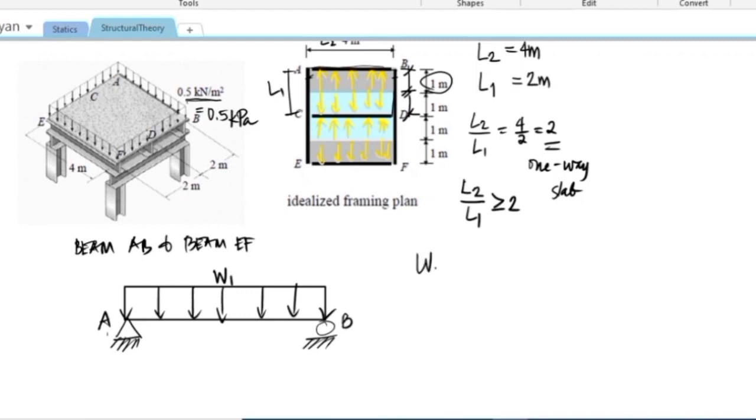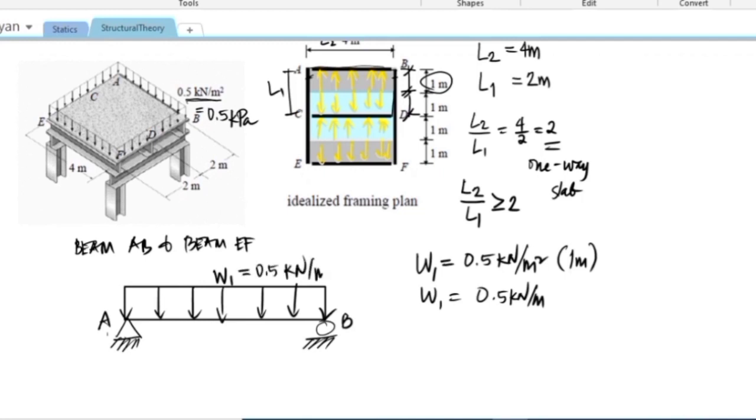So we have W1 is equal to 0.5 kilonewton per square meter multiplied by the distance of 1 meter. Therefore, W1 is equal to 0.5 kilonewton per meter.